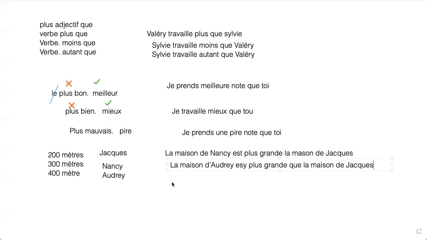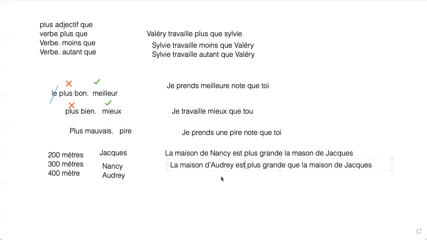So, that's why if you want to say bigger, here I say la maison de Nancy est plus grande que la maison de Jacques. I say Nancy's house is bigger than Jack's house. And here I say Audrey's house is again bigger than Jack's house.